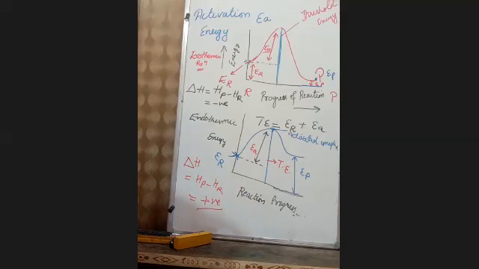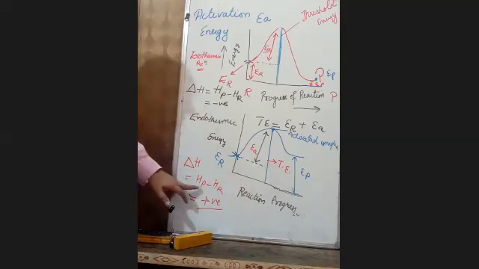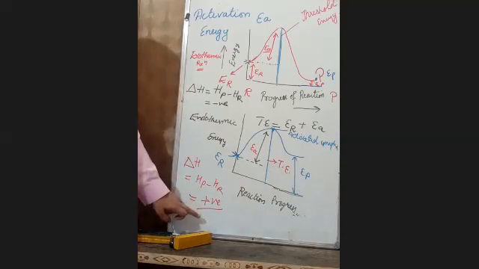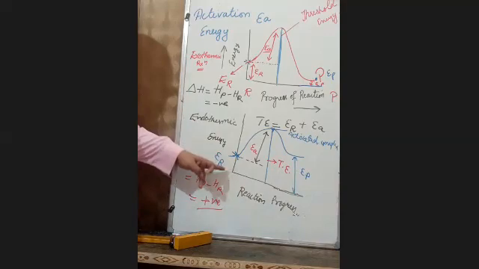So for another molecule to convert into product, I have to give 40 joules more energy to the reaction mixture. So heat is absorbed during the reaction. Fine. In case of exothermic, heat is released during the reaction. So for this, delta H will be positive. It is for endothermic reaction.